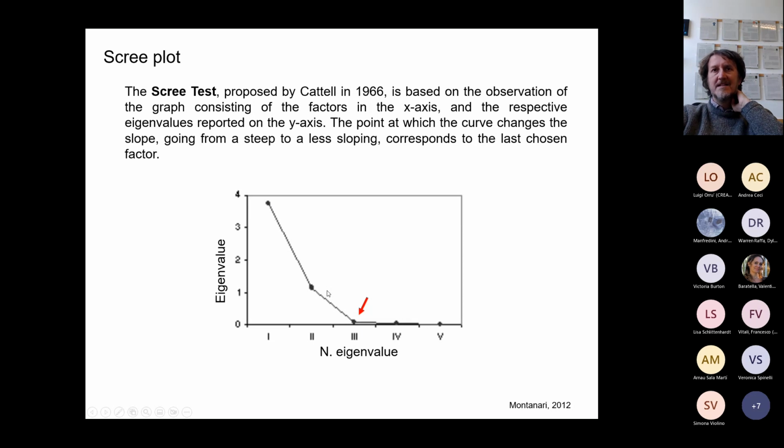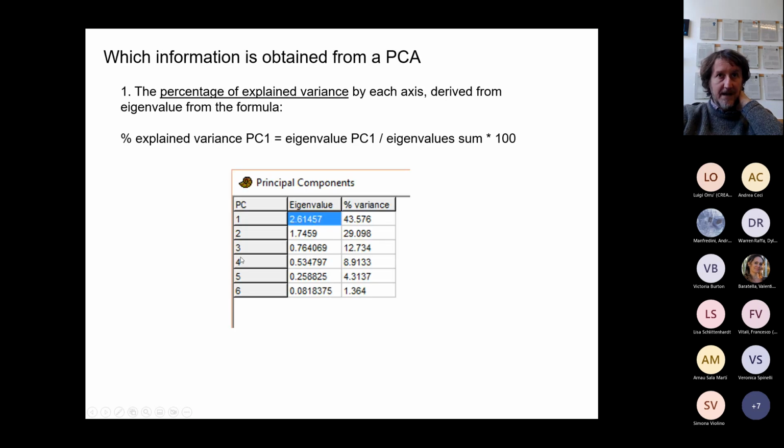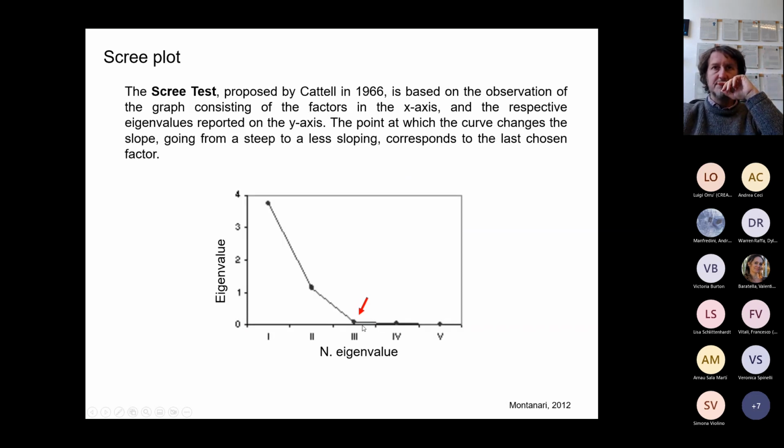So when this curve changes drastically the angular coefficient, you can stop here, maintaining most of the information. So in this specific case, you need only 3 axes to lose around 12% of the variance.